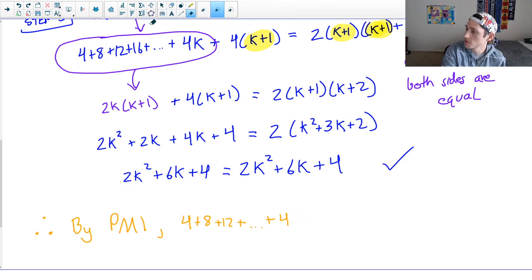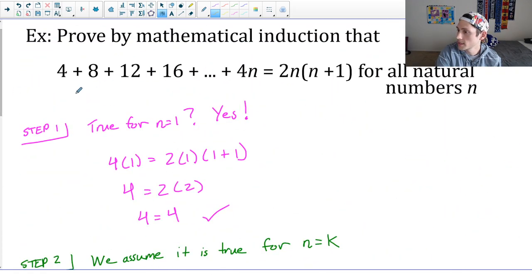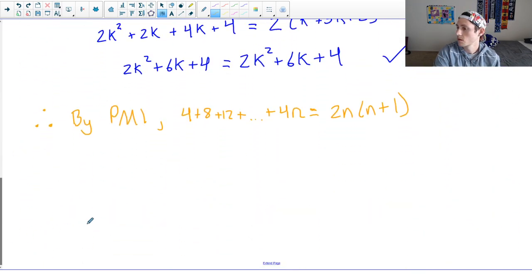We use k in the problem to work with stuff, but n for the actual formula itself, equals 2 times n plus 1, right? That was what we were trying to prove from the beginning. So this is true.